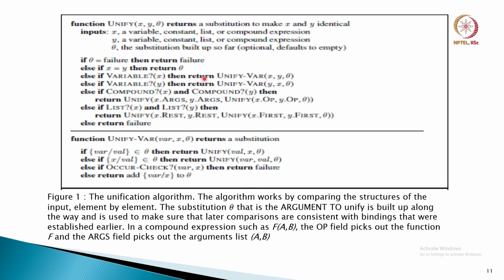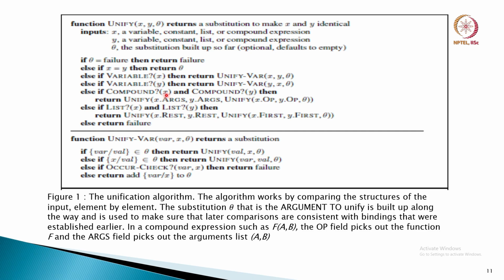If you are trying to unify one variable and one constant, then you replace the variable by the constant. If there are two variables, then you replace one variable by another variable. And if it is compound, for example, it may consist of 2-3 values, X, Y, Z, or P, Q, R say.